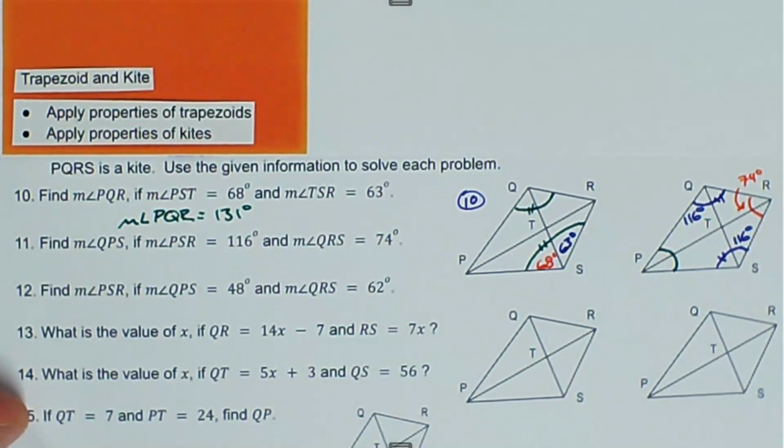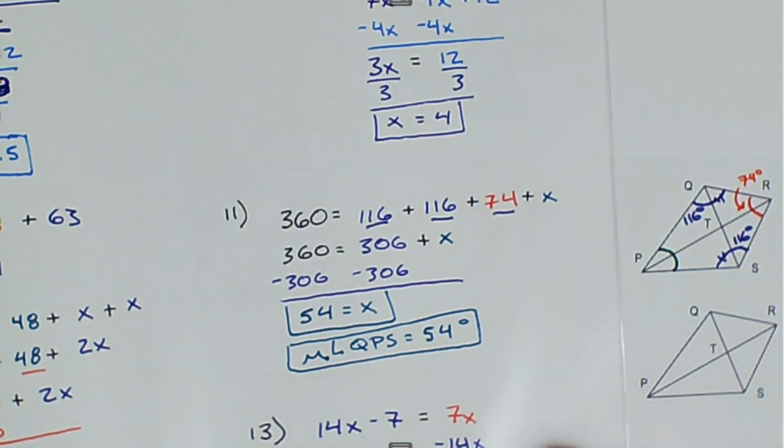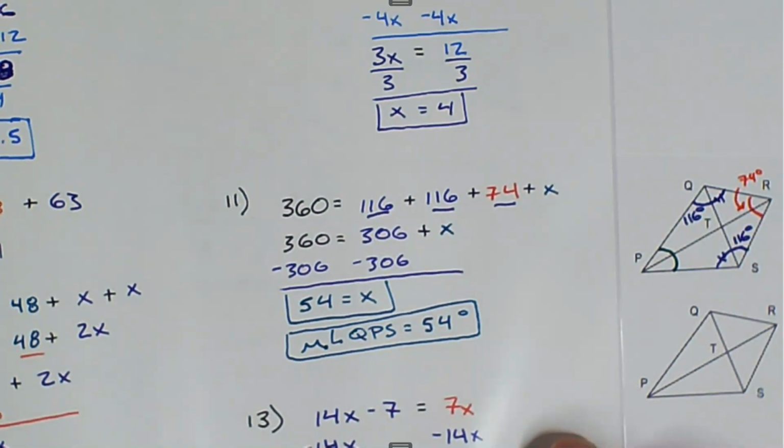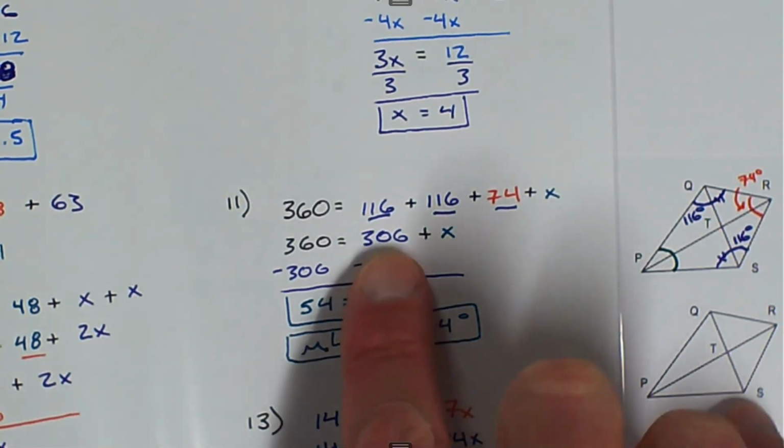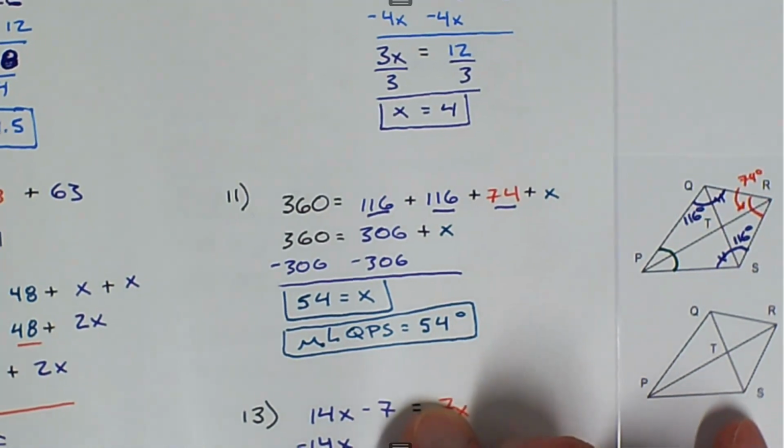All of the angles of a quadrilateral add up to 360 degrees. So for number 11, we do not know what QPS is, so we can say 360 is equal to 116 plus 116 plus 74 plus x, because we don't know the one angle.